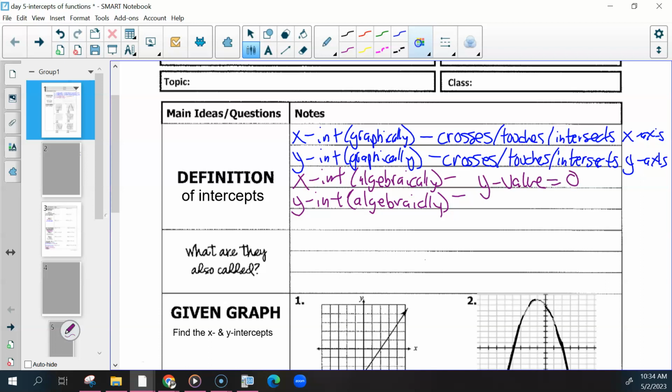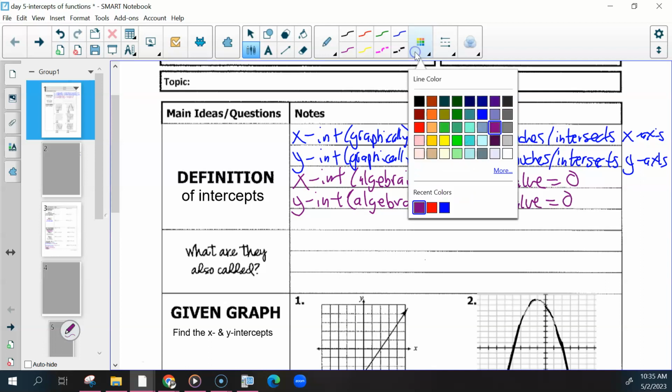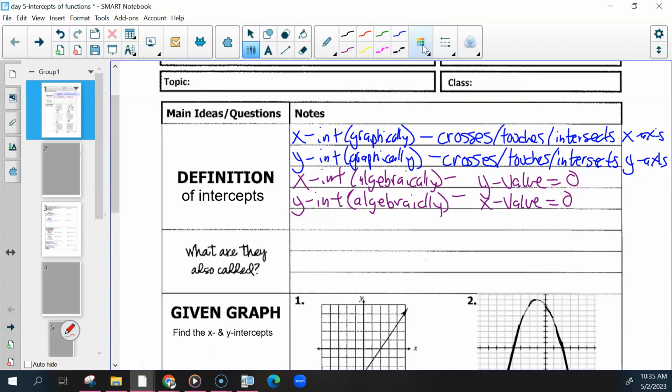And algebraically, for your y-intercept, your x value is 0. Make sure you're writing this down.